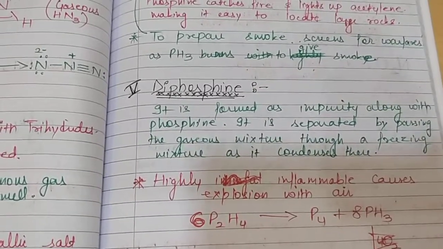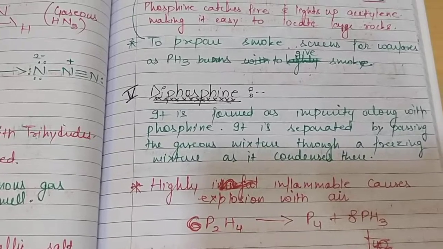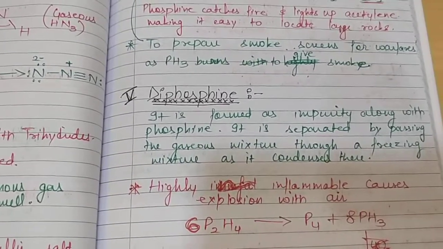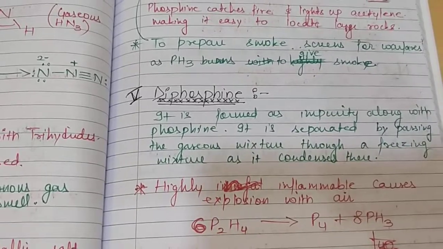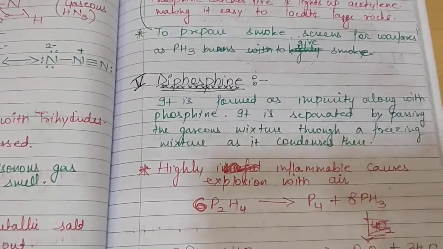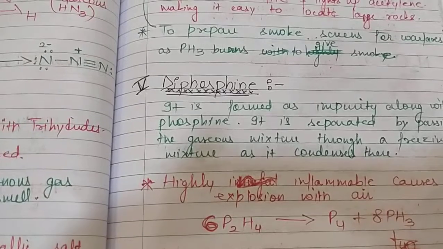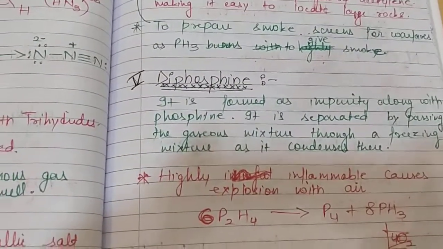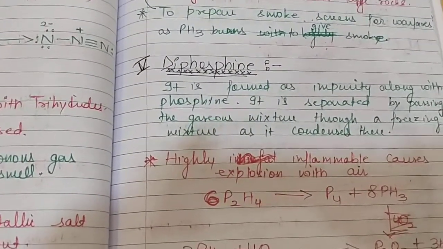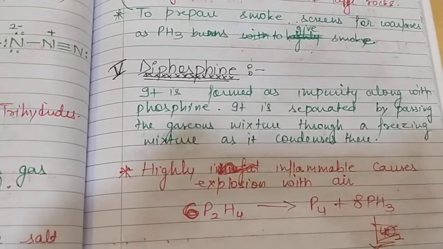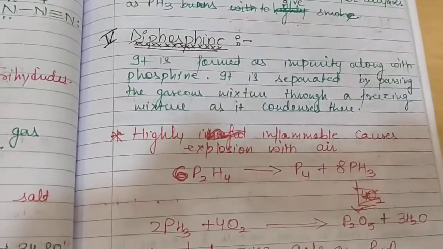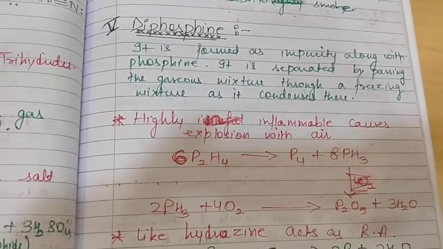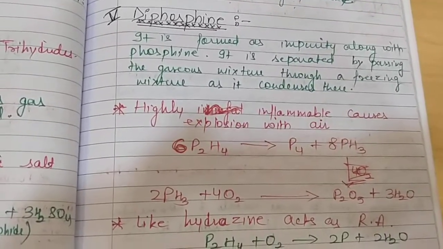It is separated from there by passing the gaseous mixture obtained while synthesizing phosphine through a freezing mixture. So diphosphine condenses there and we get pure phosphine, or the condensed diphosphine can be collected from there, which is pure in form. This gas is also highly inflammable and causes explosion with air.